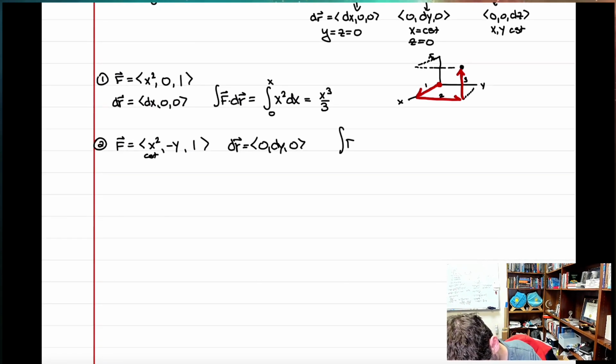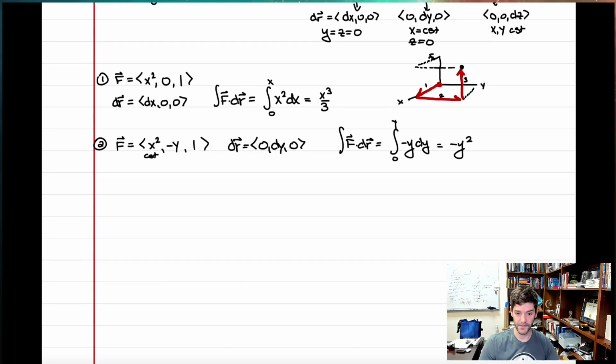So the integral of F dot dr is the integral of negative y dy as you go from 0 to y. So it looks like it's negative y squared over 2.